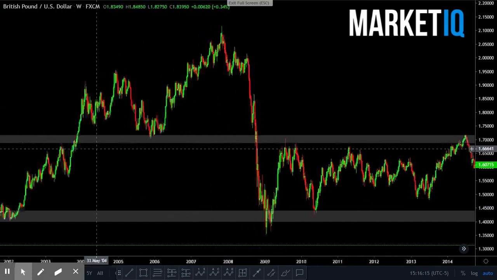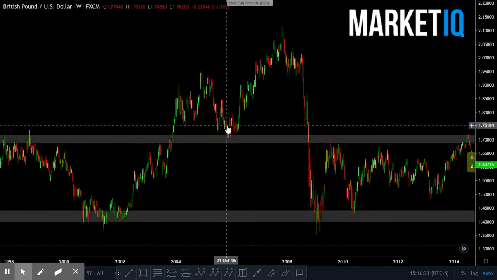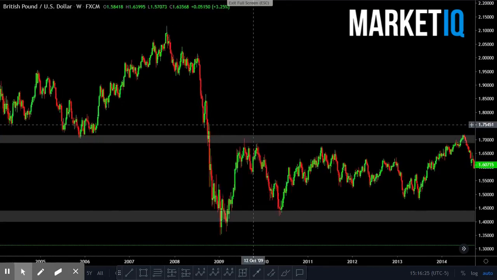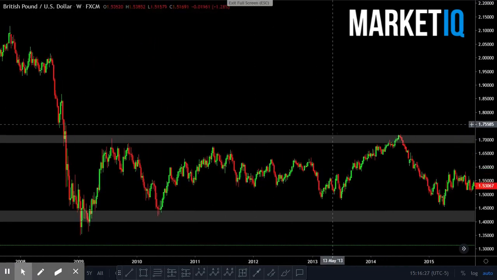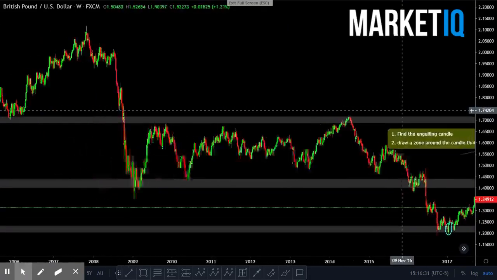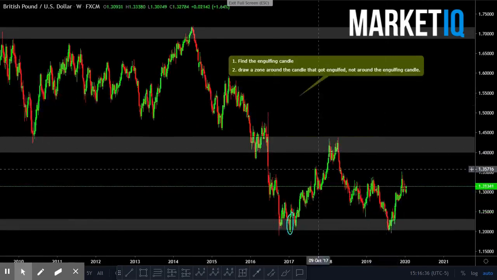But again, this zone that was created back in 1998 on the weekly was respected in 2005, respected again in 2009, and respected again in 2014. Okay?